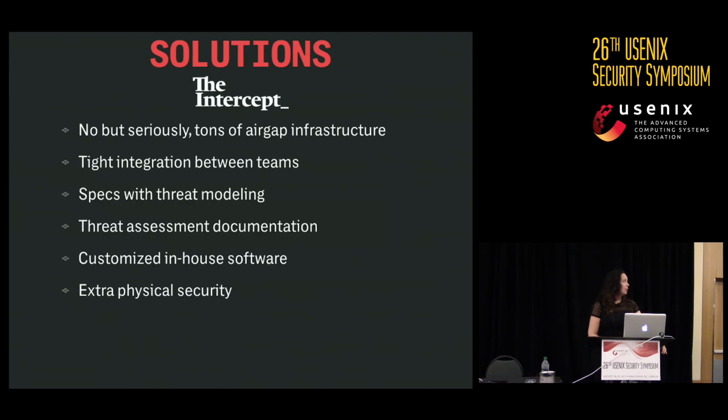But seriously, we do have a lot of air gap infrastructure, like multiple computers and air gap networks. All of our journalists are trained extensively on not only air gaps in general and what they mean, but also we have different types of air gaps with different operating systems that are used for different purposes. And so they also understand how you choose the kind that you need to work on and under what circumstances you might need to do that.